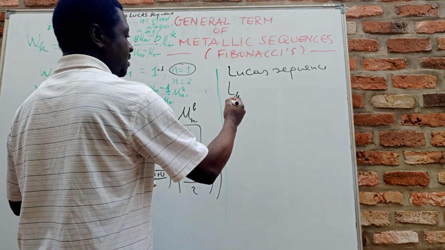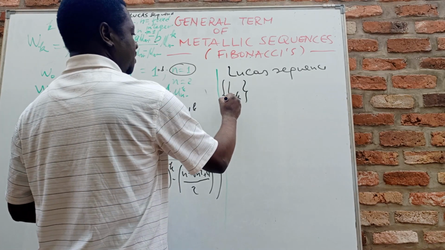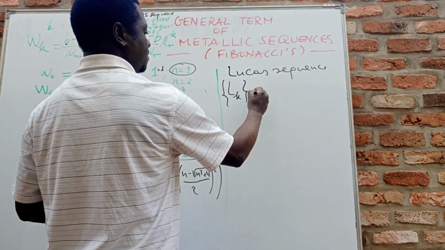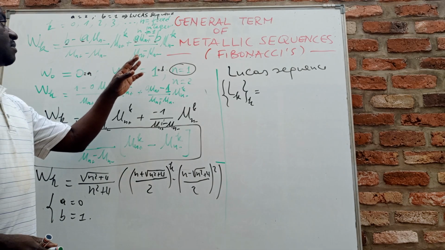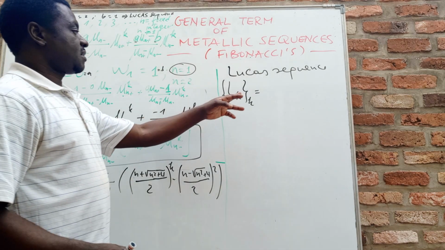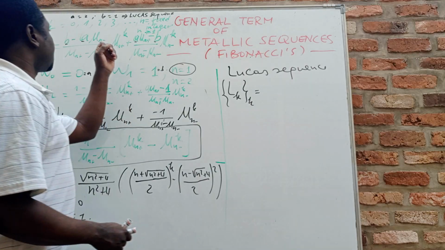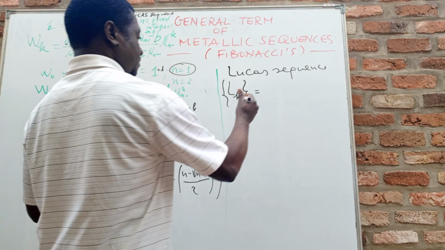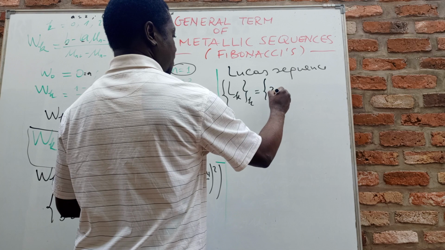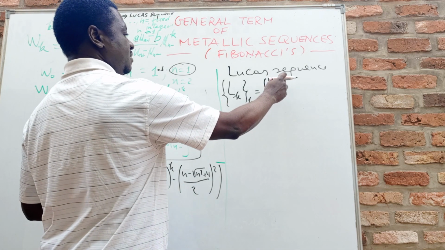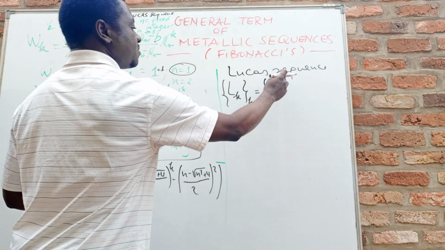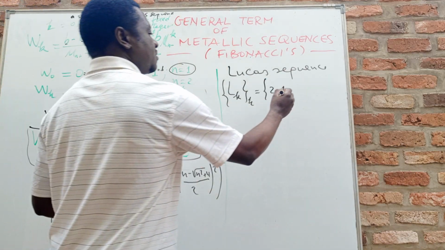We don't need a general form because it will be very simple to calculate, since we take the initial term being 2, the second one being 1. So this is W0, W1, W0 equal to 2, W1 is equal to 1.